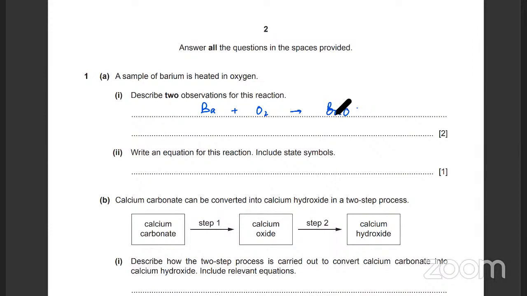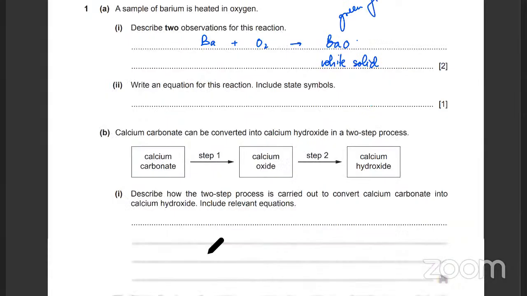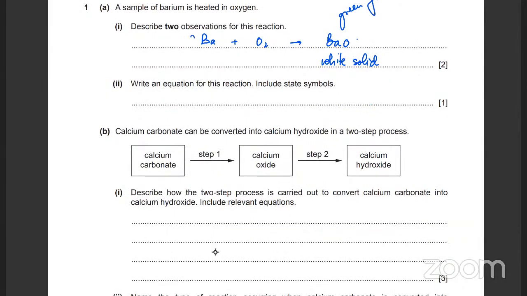Group 2 oxides are white in color. And a green flame. Remember the flame test. Write an equation, we've already written that down.